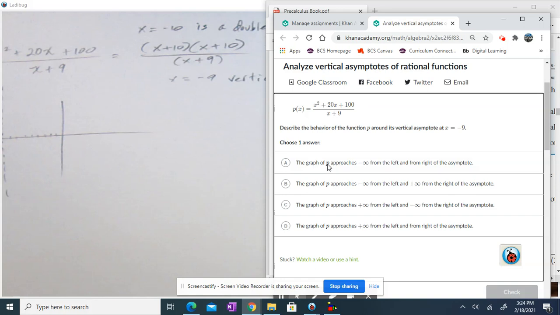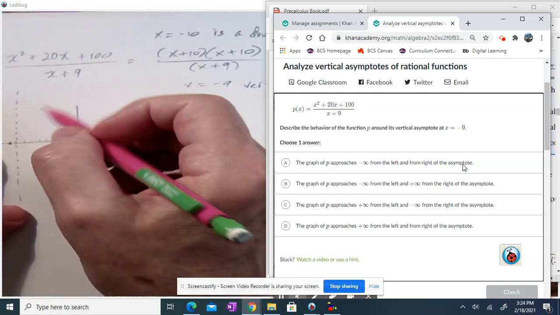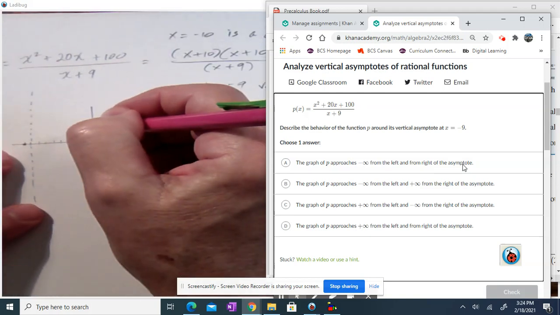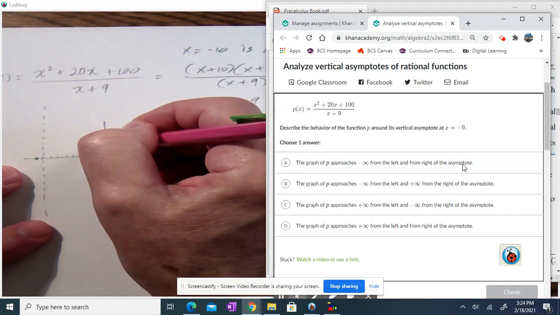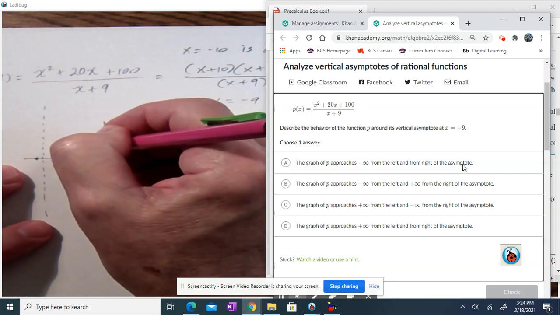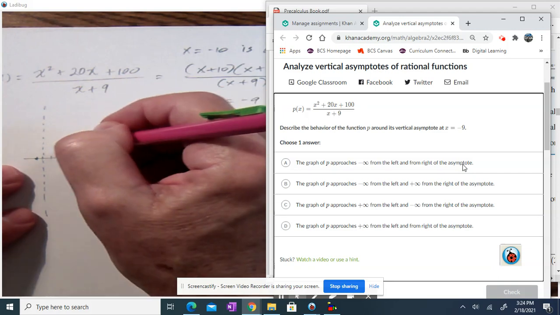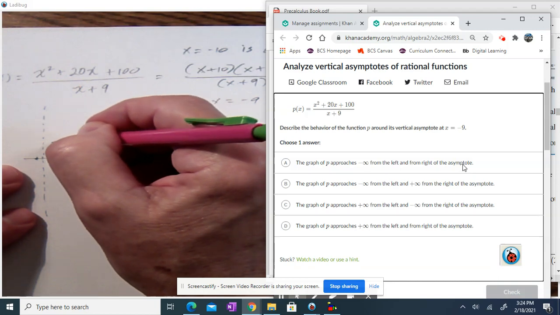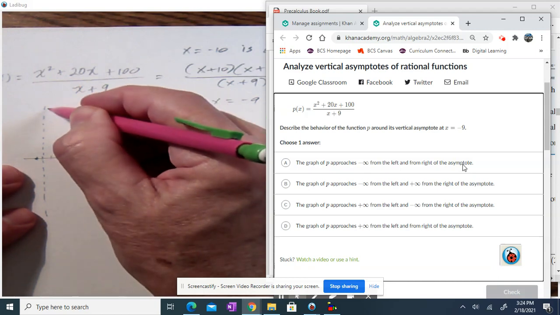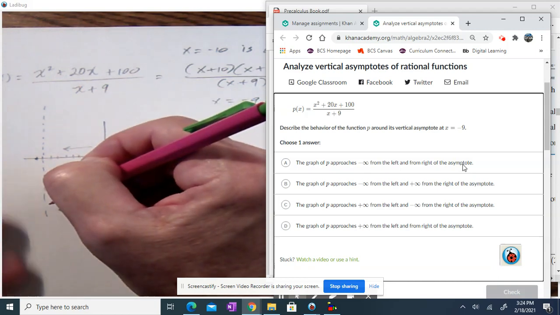The graph of p approaches -infinity from the left and from the right of the asymptote. All right, so what they want to know is, as you approach from the left, what is the graph going to do? Is it going to go up? Is it going to slide up the wall, or is it going to slide down the wall?